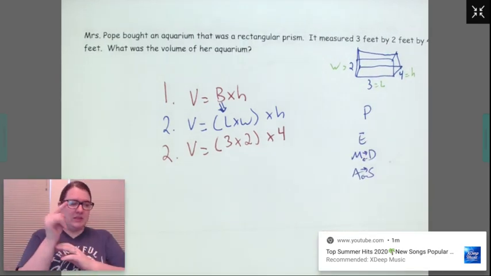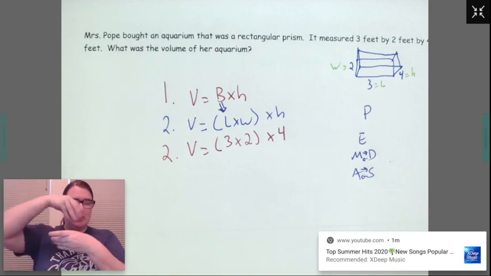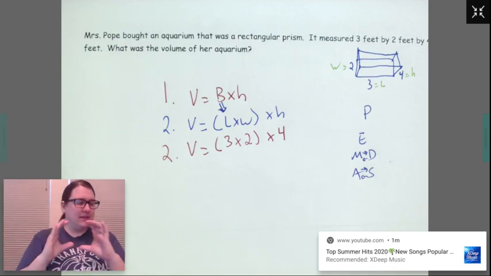Parentheses first, so I need to multiply because that's what's inside my parentheses.